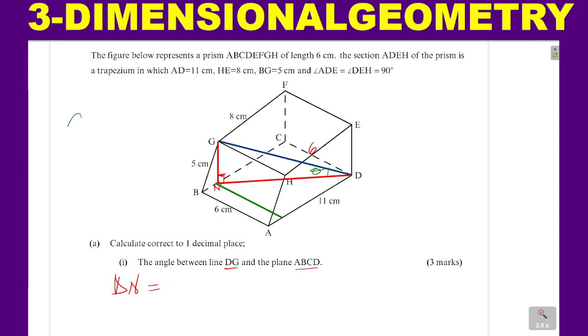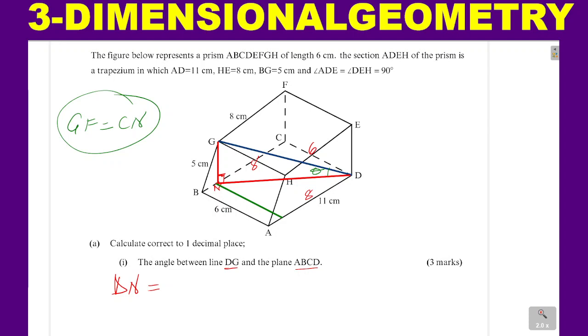Notice this is very important: GF is equivalent to CN. So this line is 8, this is 8, and this will also be 8.